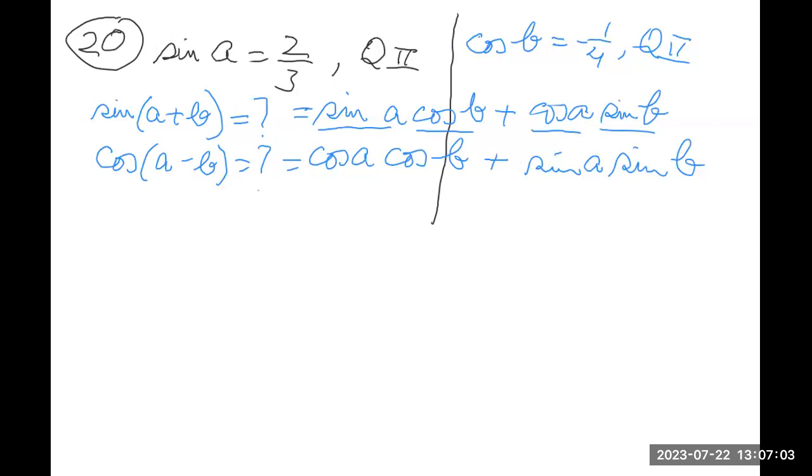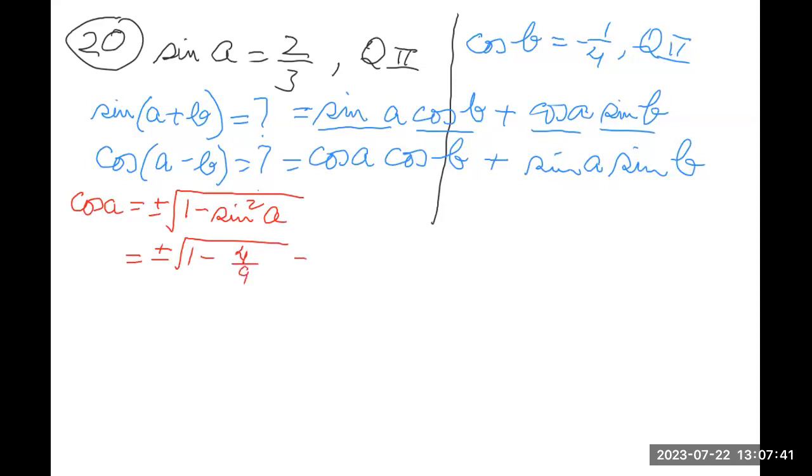And using the identity that cosine of A is plus or minus square root of 1 minus sine square A, we can see that since sine A is 2/3, sine square A is 4/9.